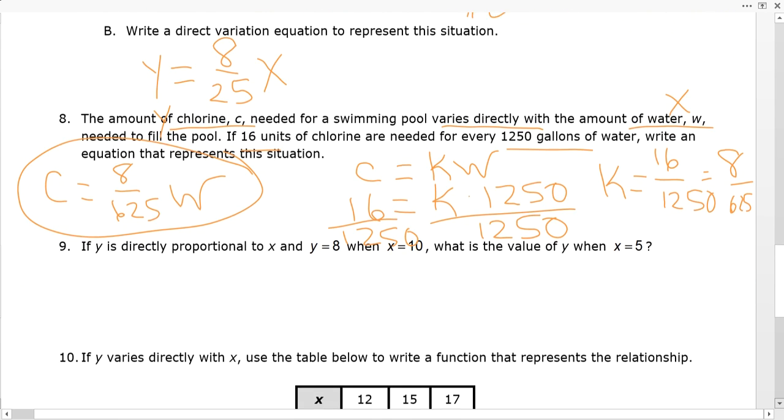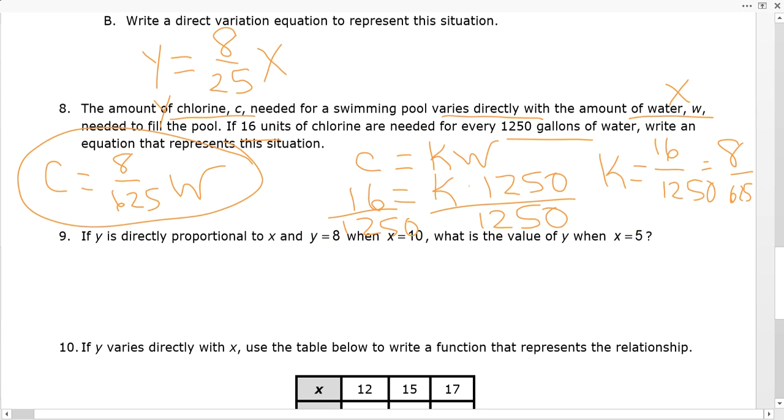Okay. Number 9, we're going to do the same thing, and we're going to solve for x equals 5. So let's start out with this right here. Y equals kx. Y is 8, k times 10. Divide both sides by 10.